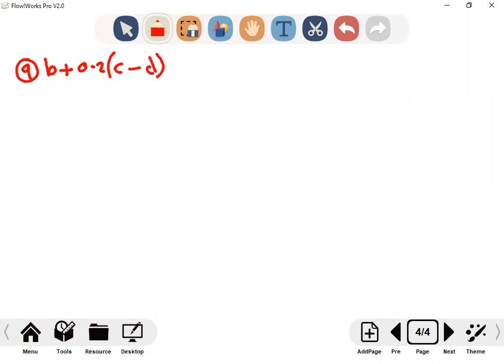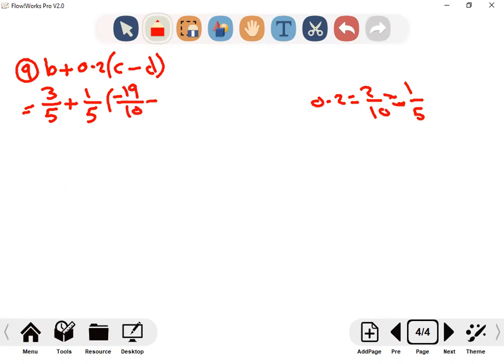Focus a bit. 0.2 is 2 over 10, which is 1 over 5. So equals b, 3 over 5, plus 1 over 5, bracket c minus d. The c we did is negative 19 over 10, right? Minus d.